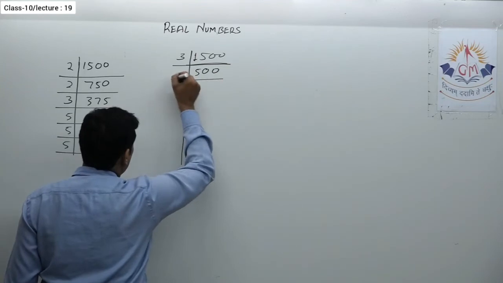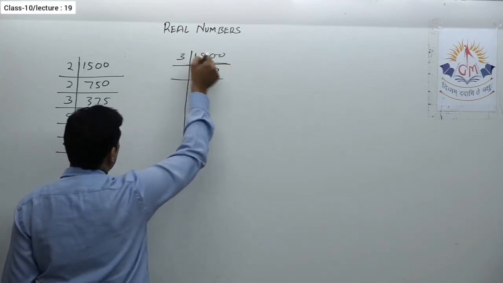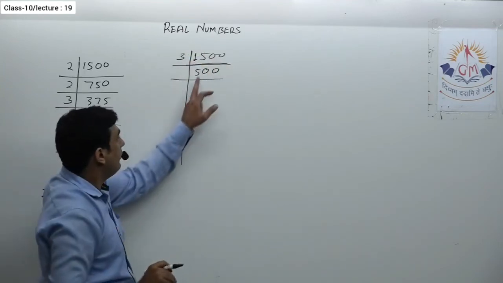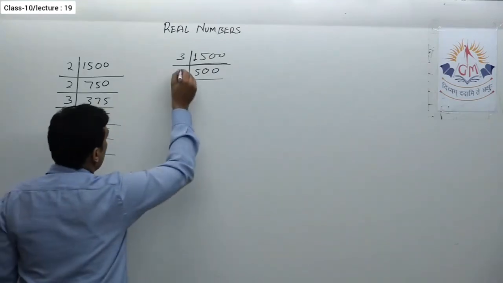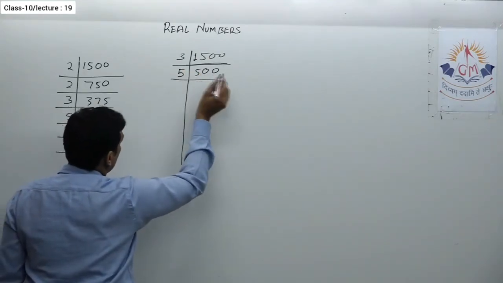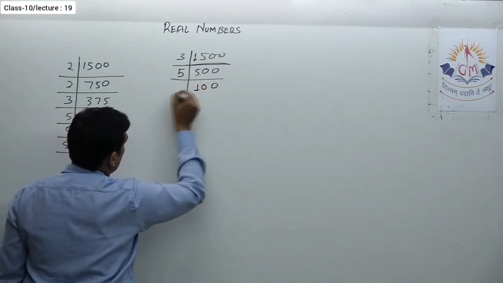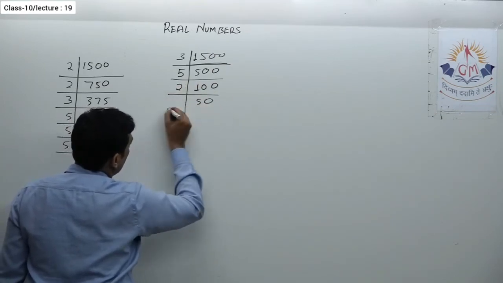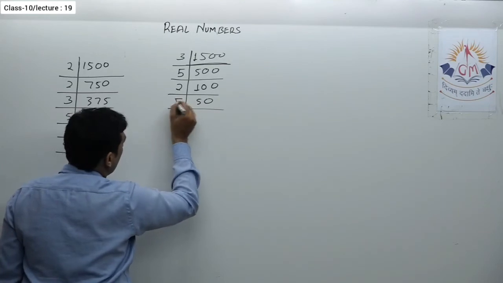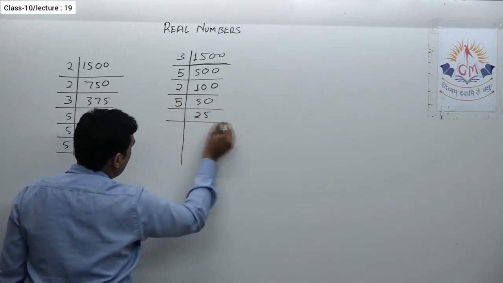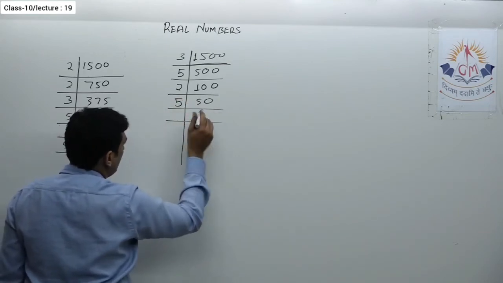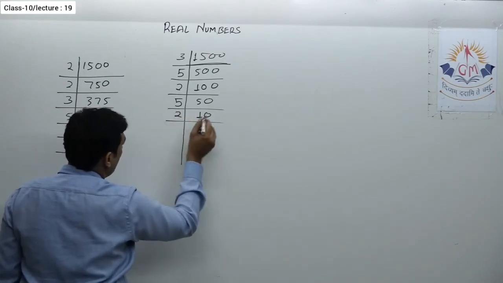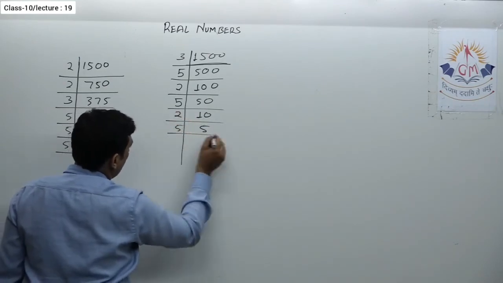Now instead of dividing it by 2, suppose he started with 5. So here I will get 100. Then again let it be 2, so here I will get 50. Then again let it be 5, so here I will get 10. Then by 2, so 5. Then by 5, so 1.